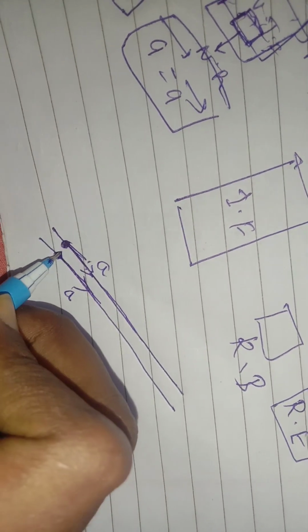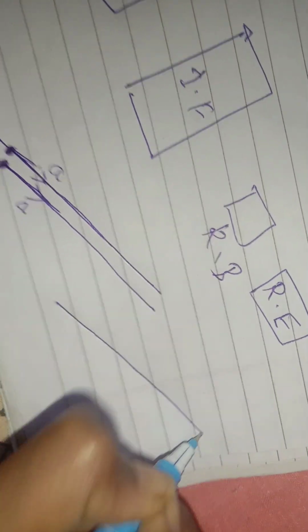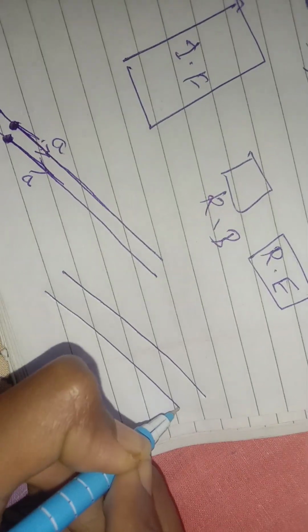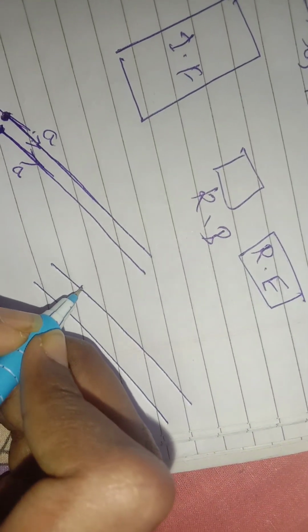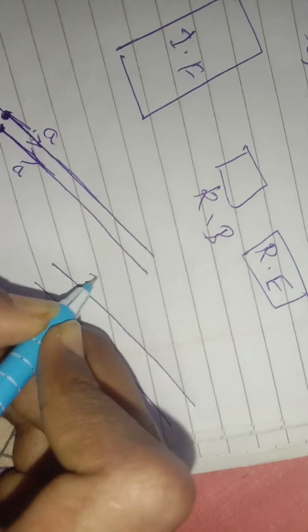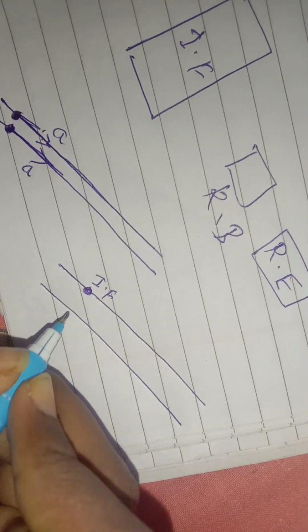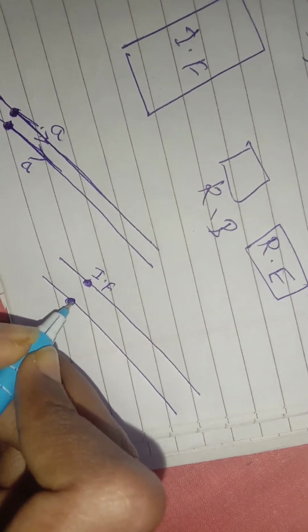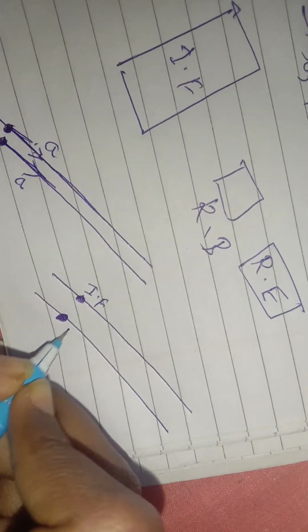So let's suppose there is an inertial frame and there is a rigid body.